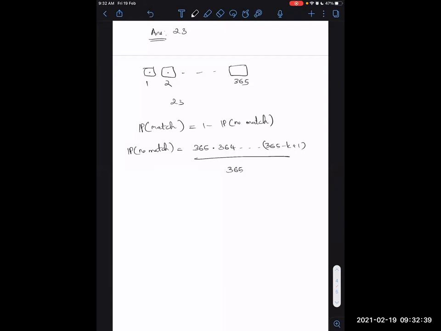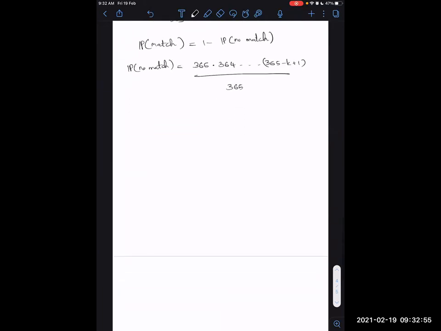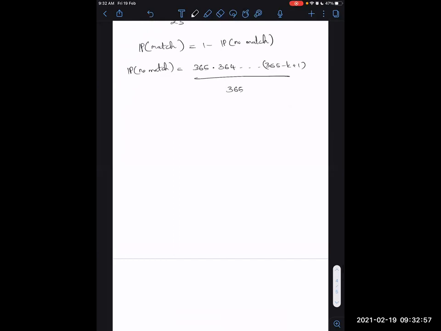Close. It's not minus, it's 365 and k, but something else too. There should be an operator between 365 and k. I think we need to make things more clear here.